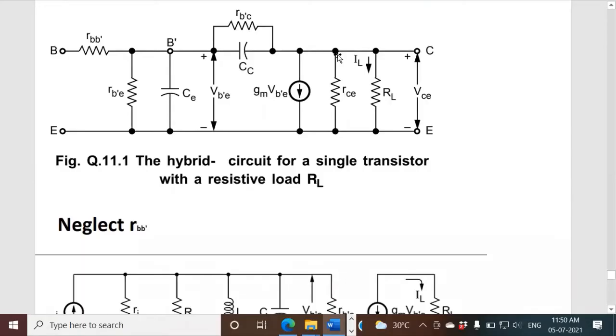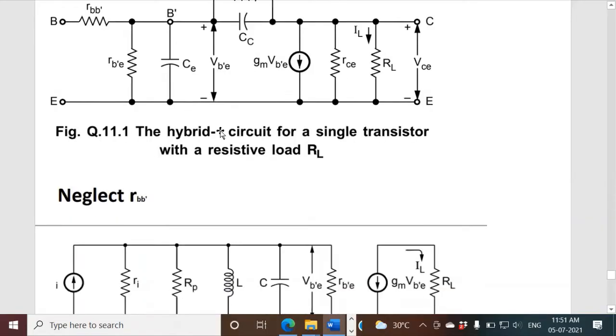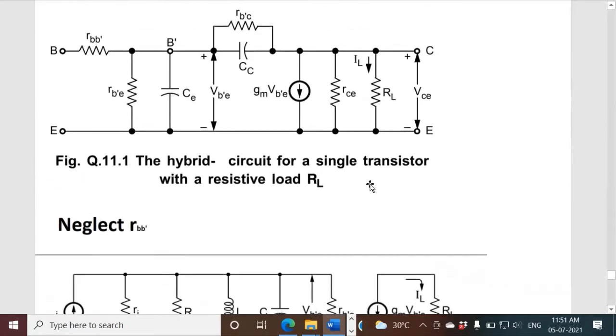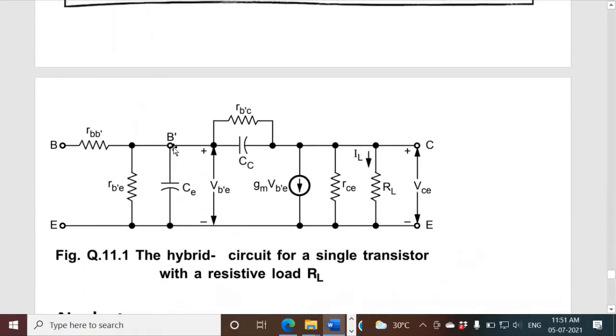There is a theorem called Miller's theorem, which says when we have a component connected between input and output, we can replace it with an equivalent at the input side, and that equivalent is 1 plus gm RL into CB'C.